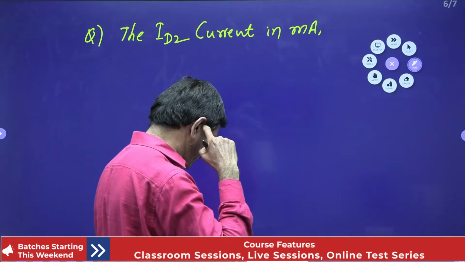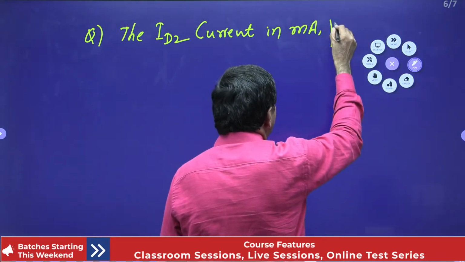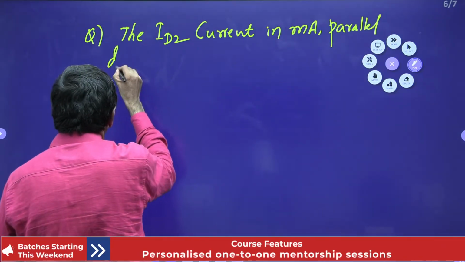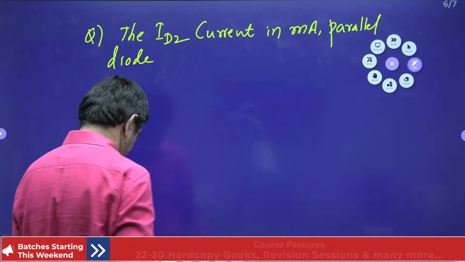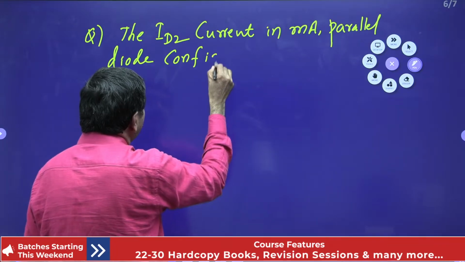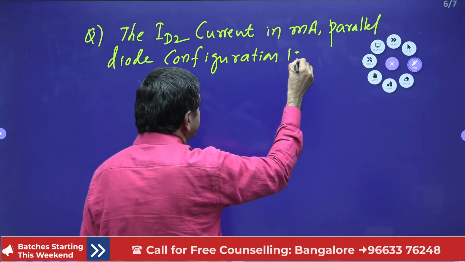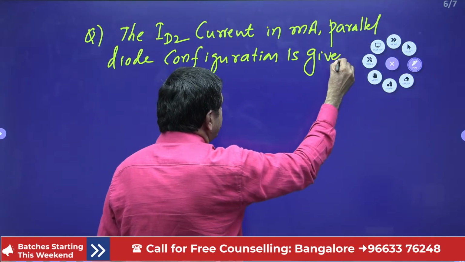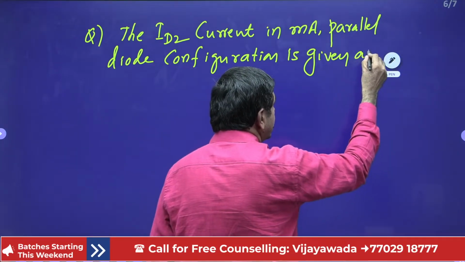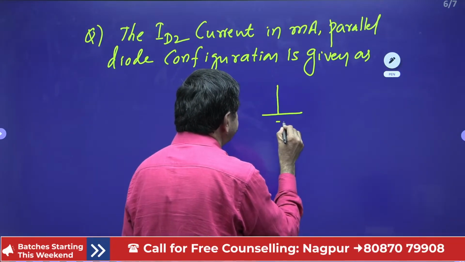A parallel diode configuration is given, as in the network given here like this, with 10 volts connected here.